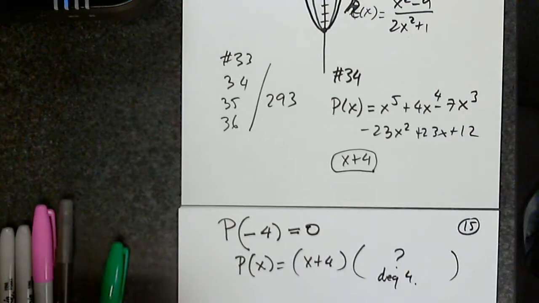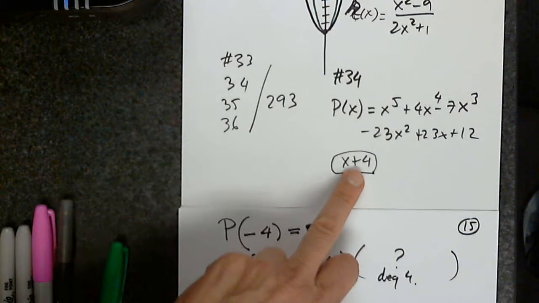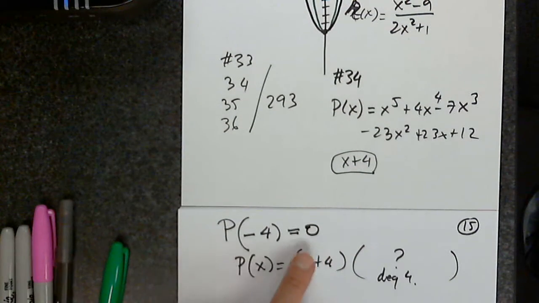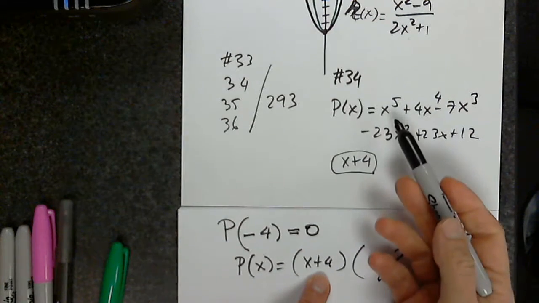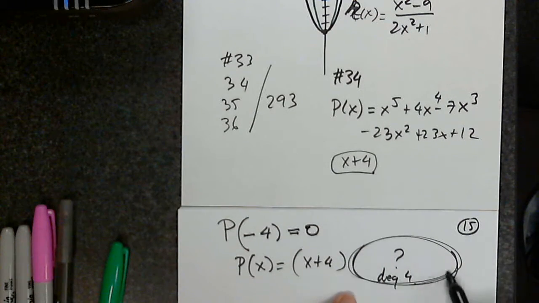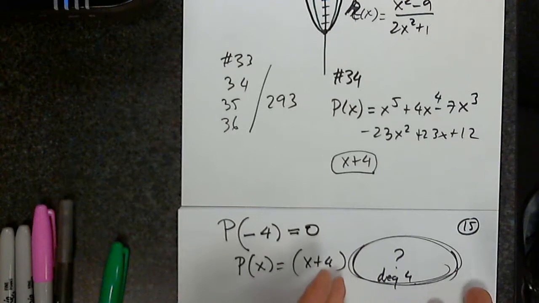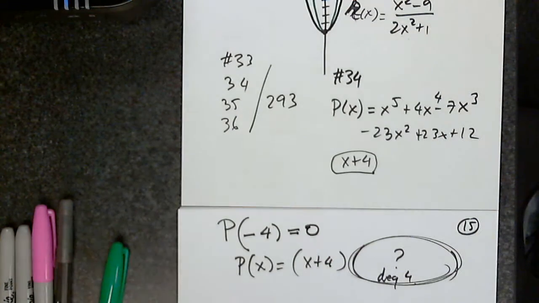It's guaranteed that if I plug in negative 4 in this polynomial and I get 0, x plus 4 must be a factor. Since the degree is 5, the rest of the second factor, if you want, will have degree 4. We're not asked to find it. We don't care for it. We're only asked to say, yes, x plus 4 is a factor of this polynomial or not. And that's all I have to find.